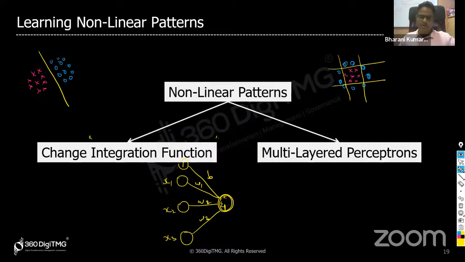The integration function is summation, meaning b into 1 is b plus w1 into x1 plus w2 into x2 plus w3 into x3. That's the integration. And then once you get this value, you move it on to the activation function. And then finally, you get an output.